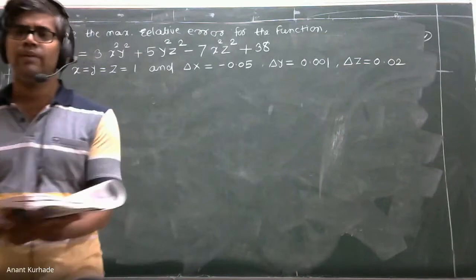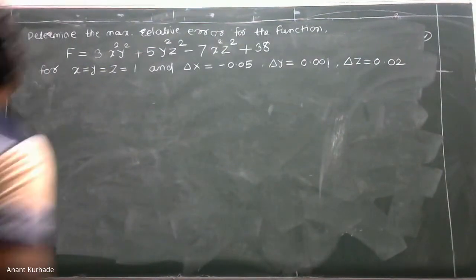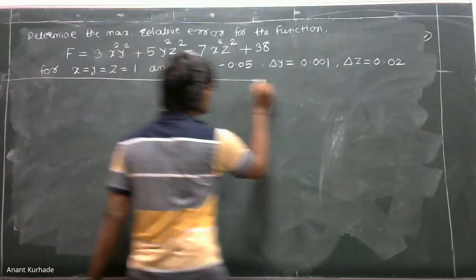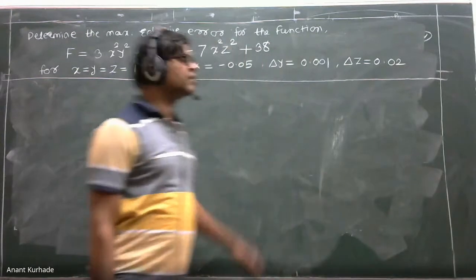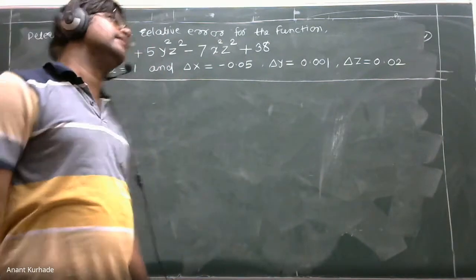Can we solve this problem? Hello? Yes sir. Try to solve it. If you think about it, try to solve it. See, use this value as it is, delta f by delta z.